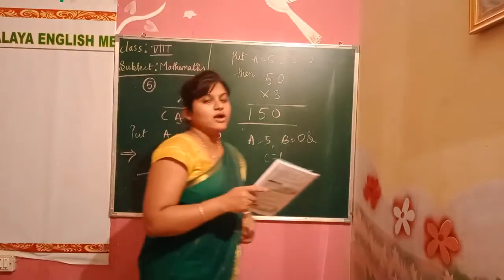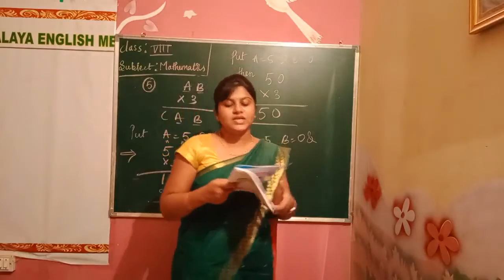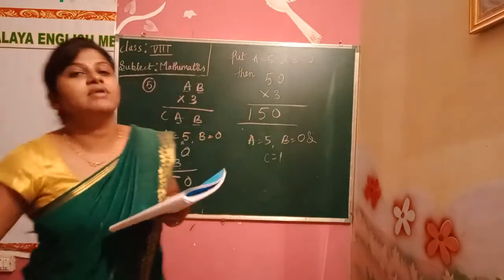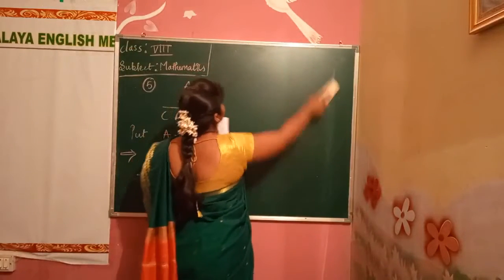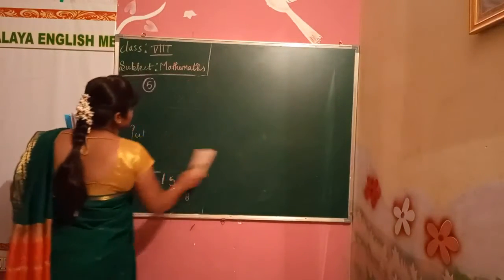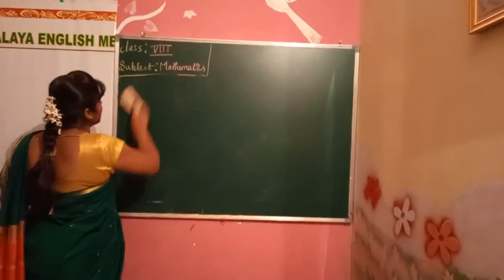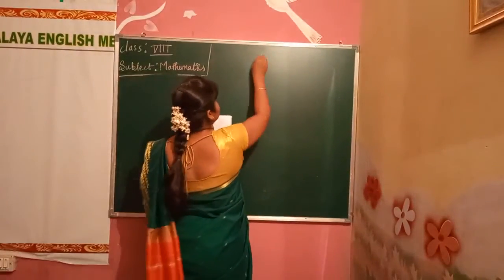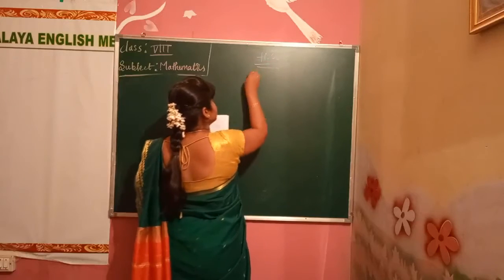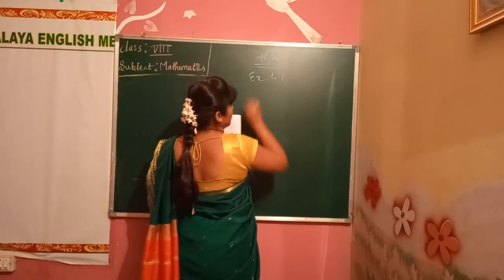What you have to do, children? You have to solve 6, 7, 8, 9 and 10 will be the homework for you. I am writing on the board. I will not send you the homework today. Just you have to watch the video. In the end of the video, I am sending the homework. See here, homework will be exercise number 1.1.